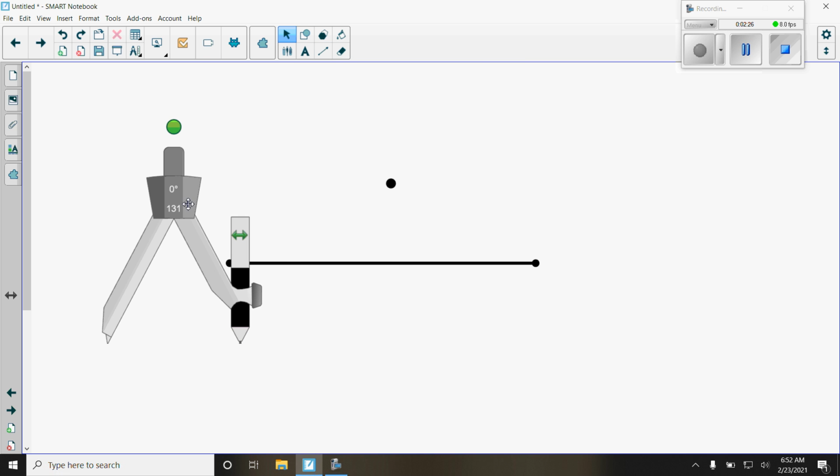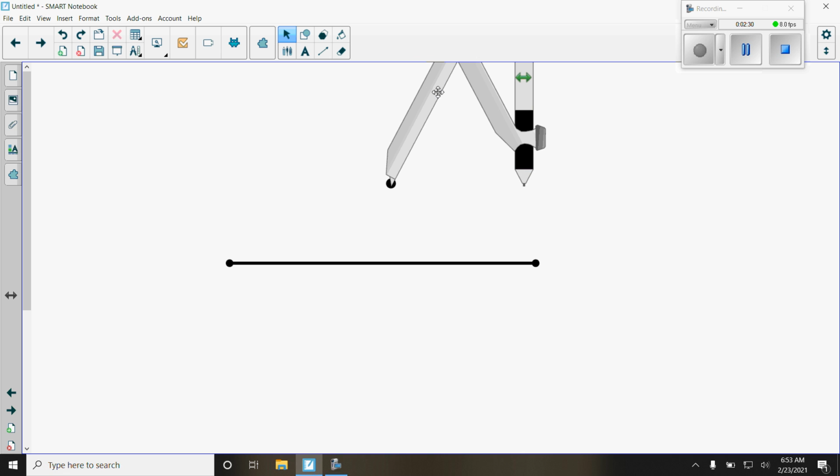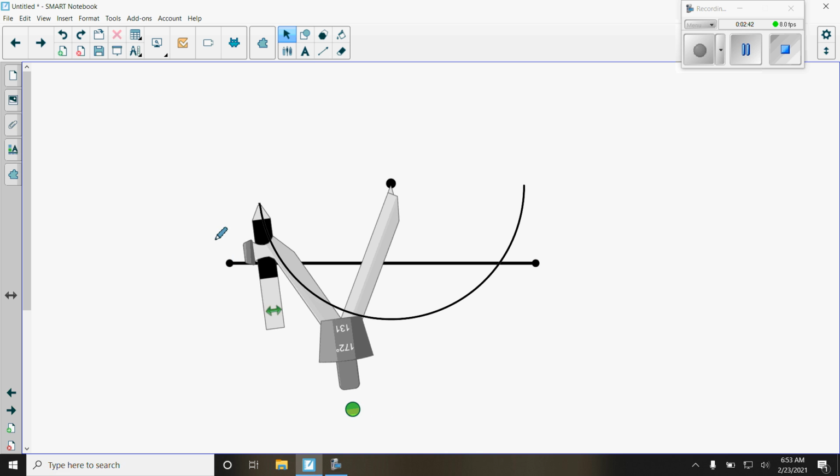Alright, so I'm going to come up here, and I'm going to put that point on our point, for lack of a better term. I'm going to come here, and I'm going to draw an arc that intersects that line twice.